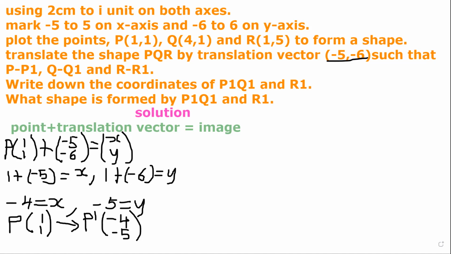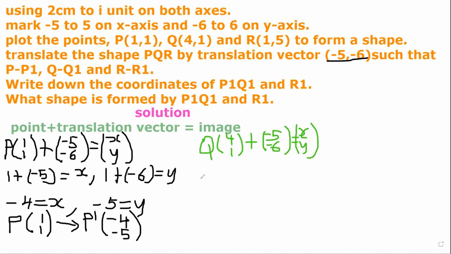And then let's solve the other one, which is point Q. Point Q here is formed by 4 and 1 plus translation vector, which is -5 and -6, equal to X and Y. Okay, good.